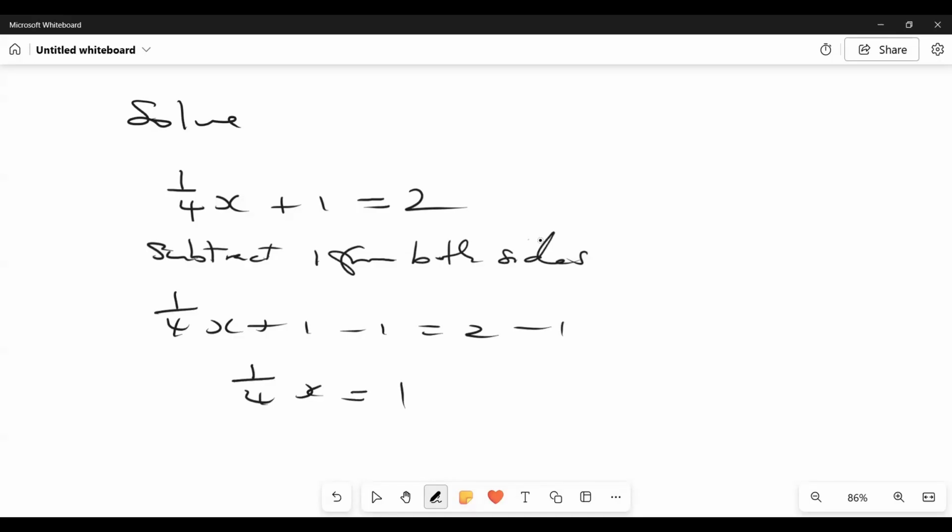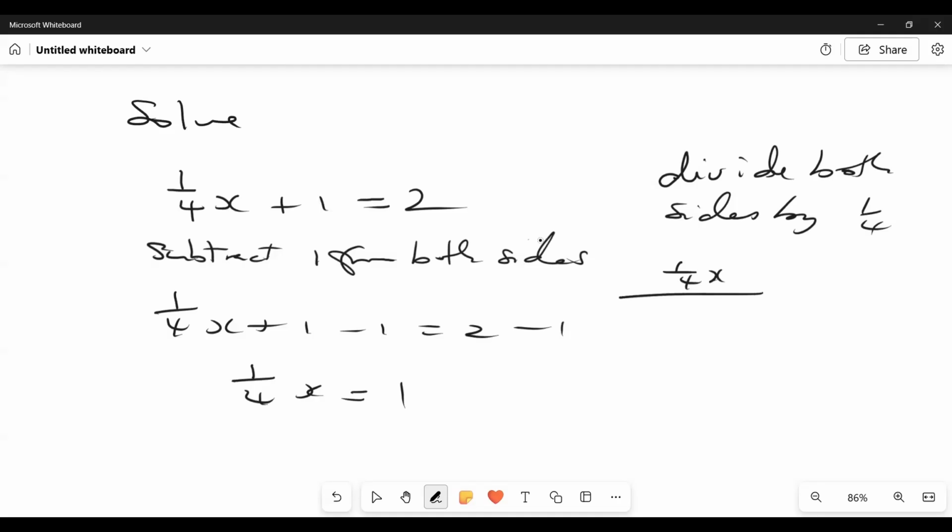So you can do several things here. You could take this quarter down and divide both sides by a quarter. So a quarter x over a quarter equal to 1 divided by a quarter, right? So these two are going to cancel.